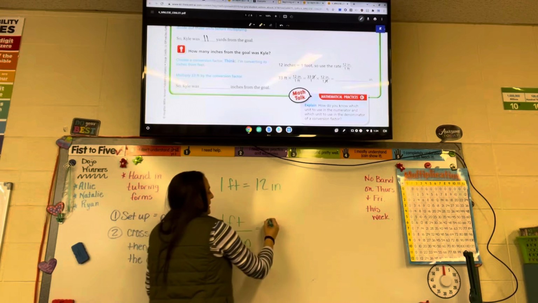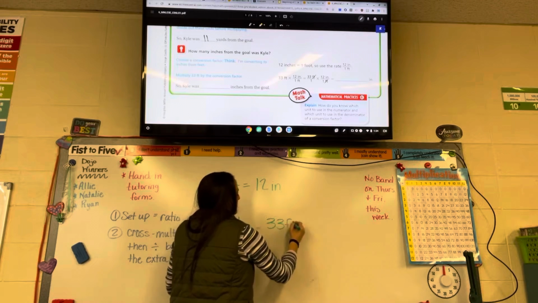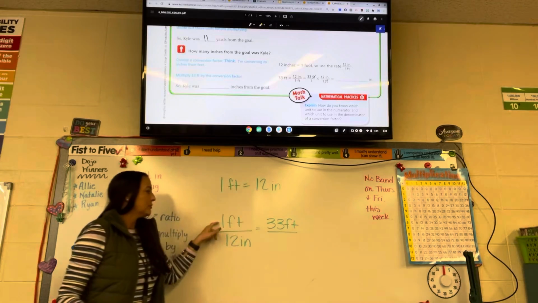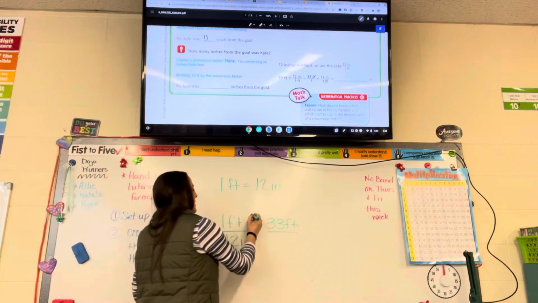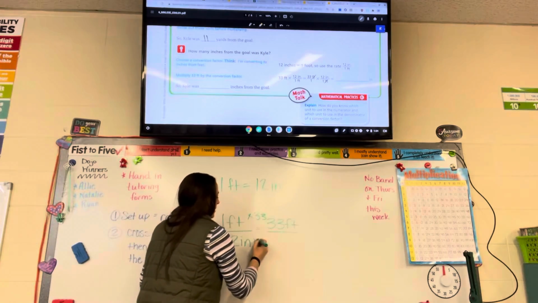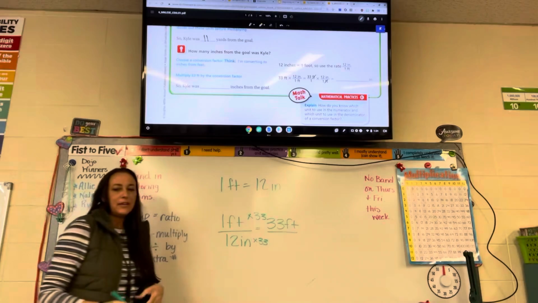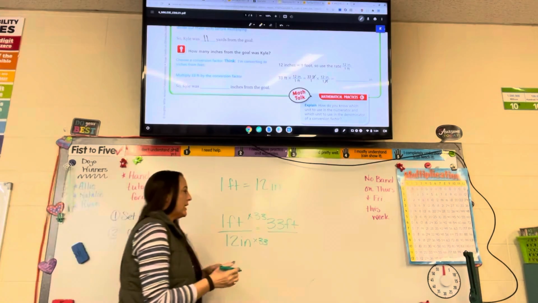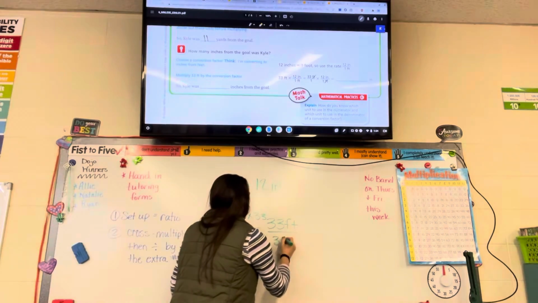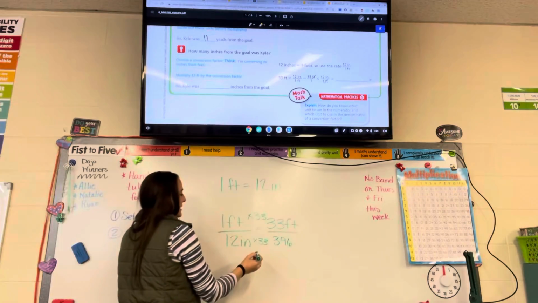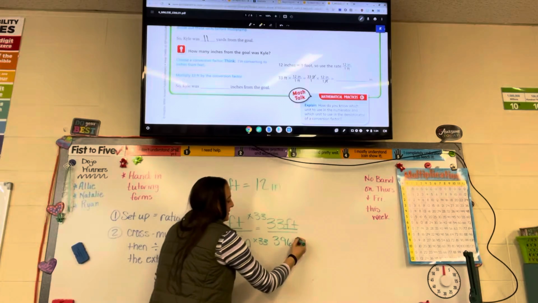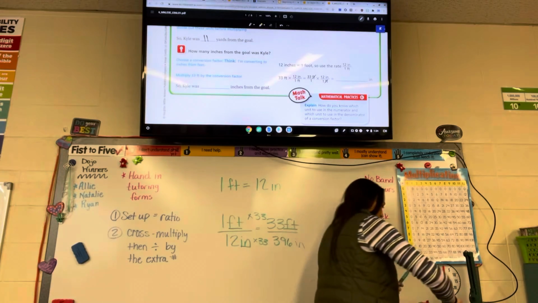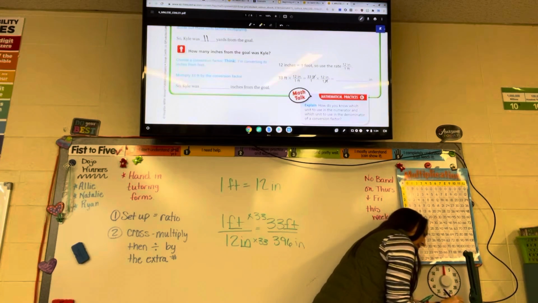And we know that he was 33 feet from the goal. So what do you multiply 1 times to get 33? 33. And if you do it to the top, do it to the bottom. So on your calculators, multiply 12 times 33. What do you get? 396. And we have feet and feet, inches, inches. So 396 inches.